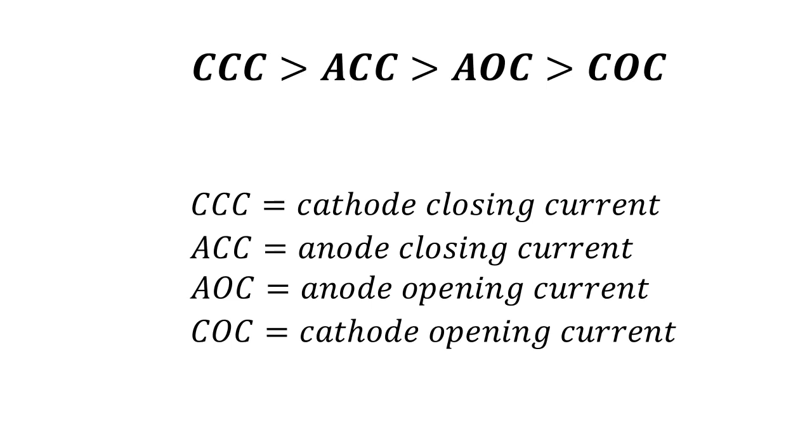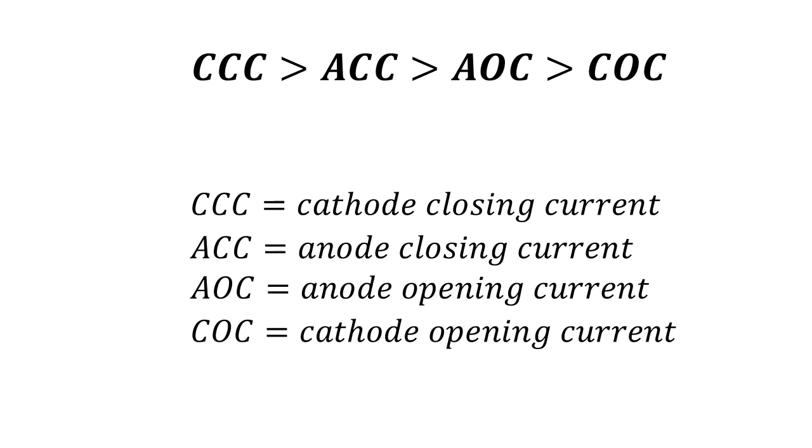As you can see in the full form, CCC is cathode closing current, ACC is anode closing current, AOC is anode opening current, and COC is cathode opening current. So if you have set up a circuit where the primary stimulating electrode of a muscle is the cathode, and when you switch on and you get a response, you say it is a cathode closing current, and you record the intensity of muscle contraction.